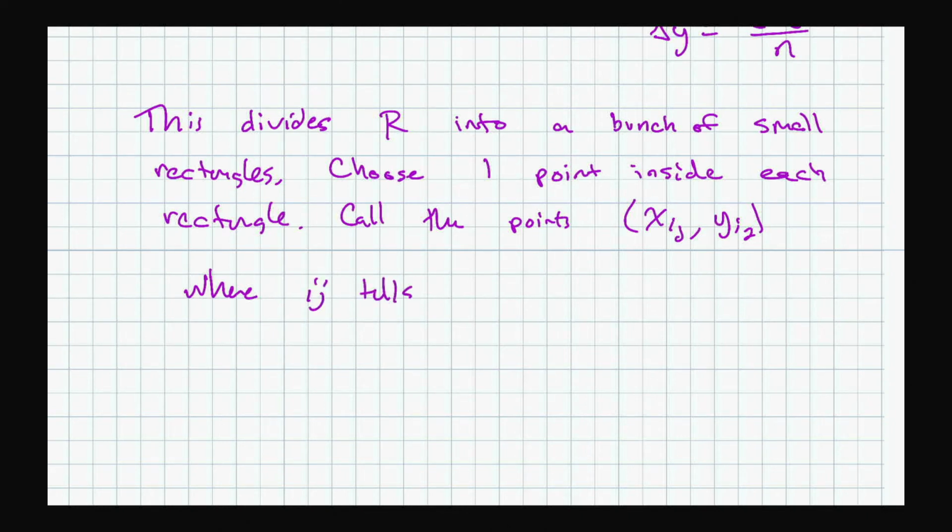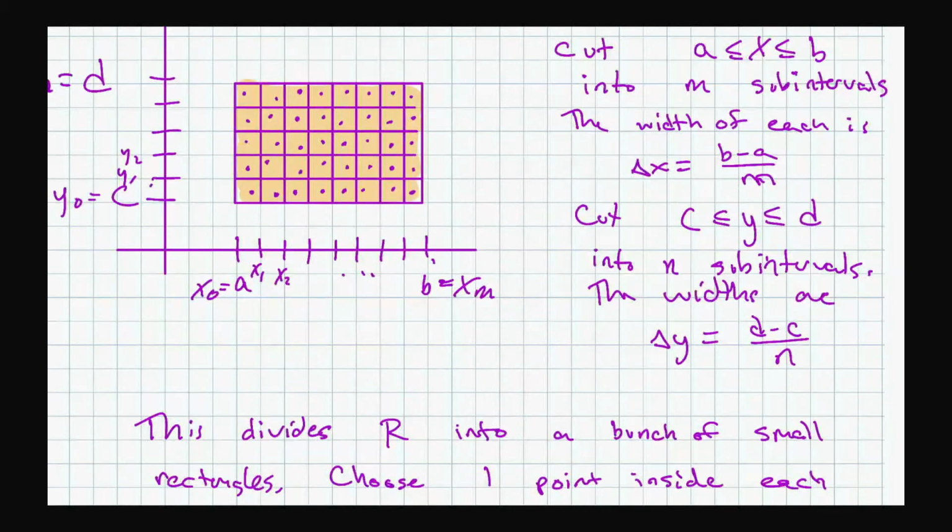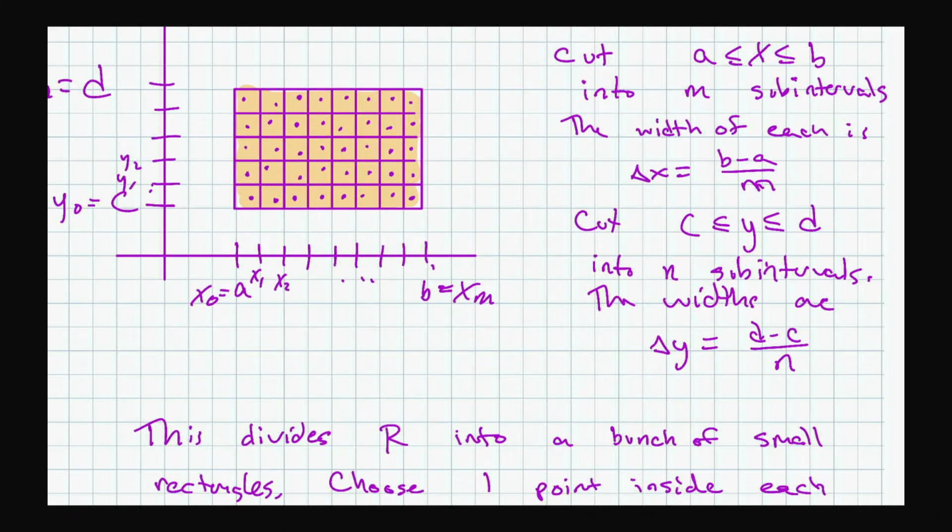Ij tells you which box you are in. For example, if I say, what's this one right here? You have that point right there, and then it's one, two, three, four, fourth box, and then one up. So that would be like x, four one, for example.